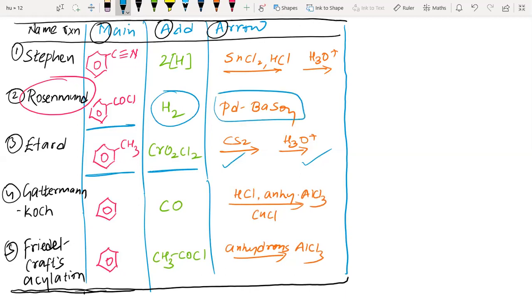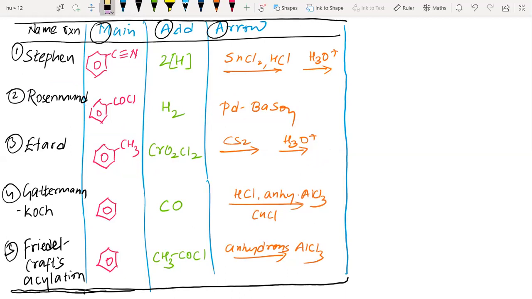That's why this formula is given. With the help of this, it becomes easy. Now I'll write the reactions. Stephen reaction and Rosenmund reaction are already done in the previous class, so we can start with the Etard reaction and the next two more.